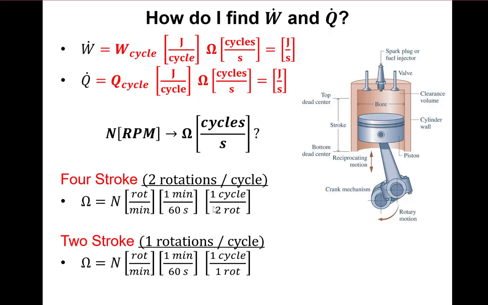So the thing to remember here is if you get a 4-stroke engine, you have to divide your RPM by 2 to get cycles per minute, and then convert time to get cycles per second.